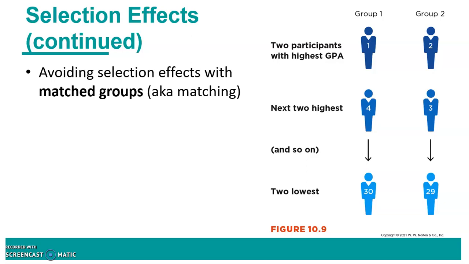One way that you can ensure that the individual differences in the subjects are balanced between your two groups is to use matching. Okay, so maybe for example in the note-taking study, I say I don't want there to be just by chance a bunch of higher GPA students in the note-taking group versus the laptop group. And so you would distribute the groups or assign the groups after doing some matching.